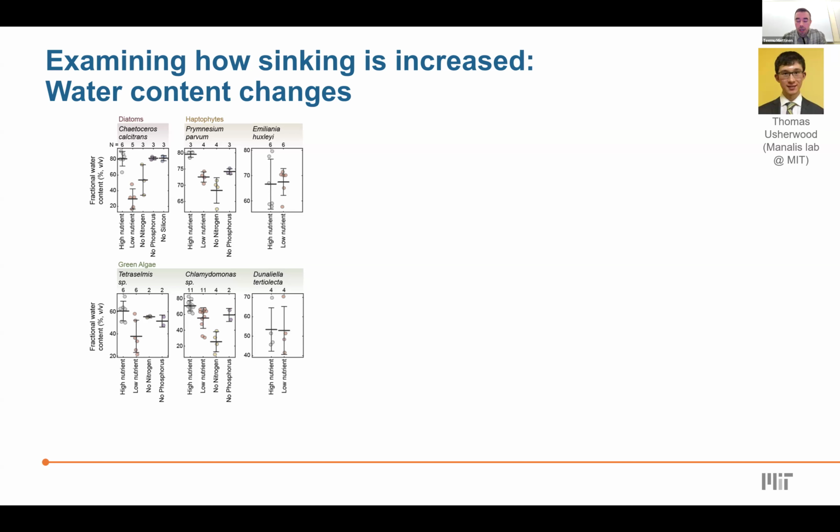And these are very exciting to me because it might reflect differences in the cell's cytoplasm. It might get very crowded in the cytoplasm. But I have to highlight that our measurements are agnostic to where the water content change happens. So you could also decrease your fractional water content by just building a really thick cell wall, and that cell wall has very little water, so the cytoplasm doesn't have to necessarily change.